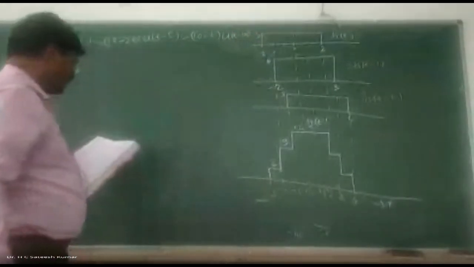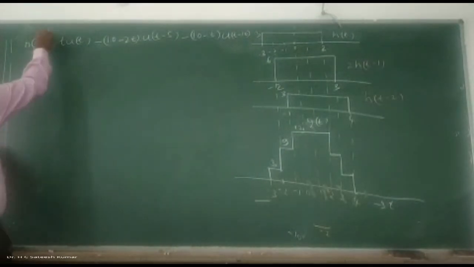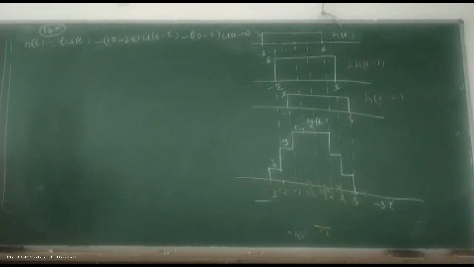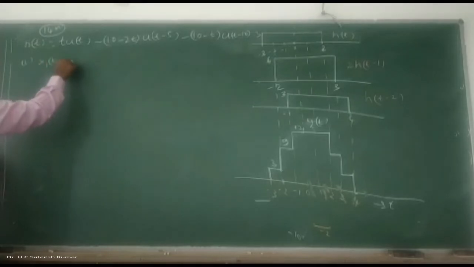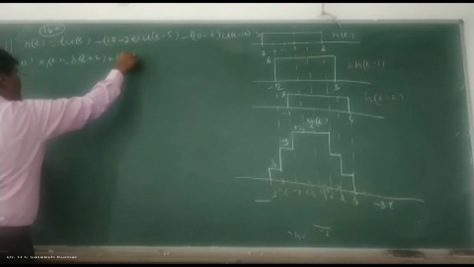Determine the output for each of the following inputs. That means he has given 2 inputs, and this was asked for 14 marks. For the first one, you will have to find out x1 of t equal to delta of t plus 2 plus delta of t minus 5.